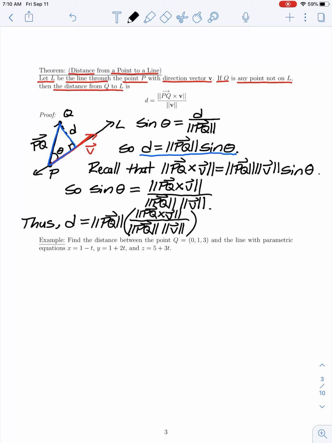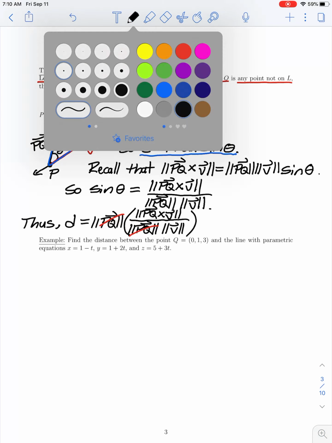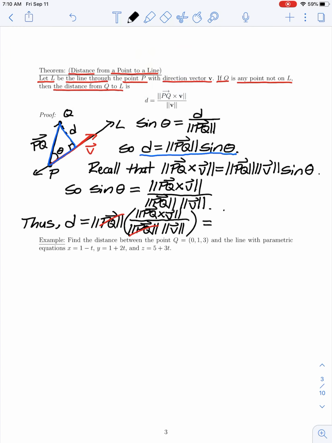Since Q is not a point on the line, we know that the magnitude of PQ is non-zero, so I can cancel this factor of the magnitude of PQ in the numerator and denominator. And I'm left with the magnitude of PQ cross v over the magnitude of v. And this was the formula that we had given in our theorem. So we've now given our derivation for that formula.